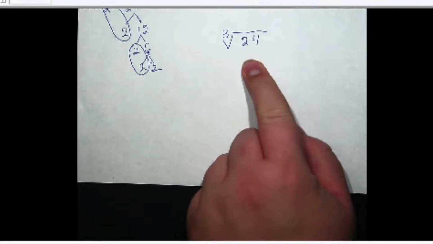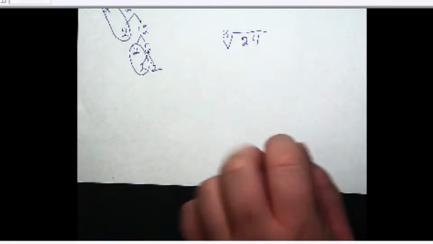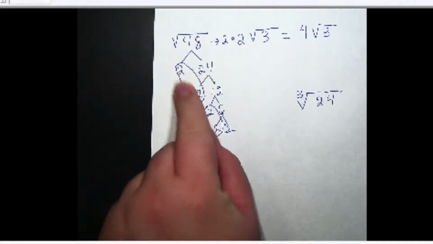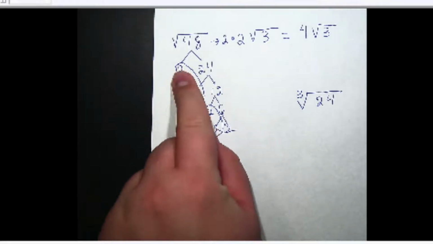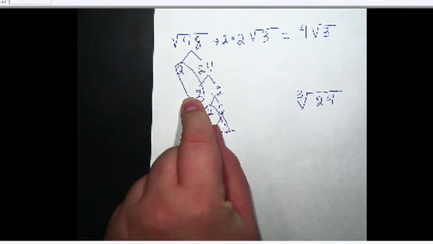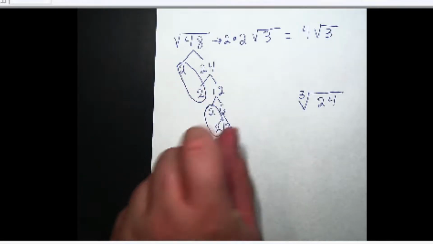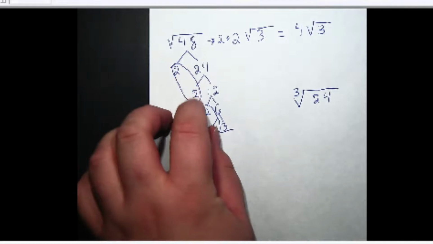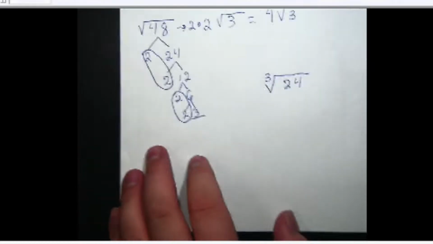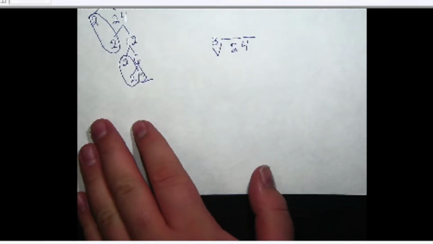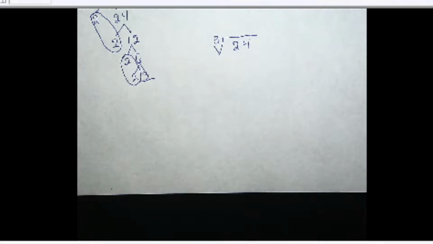A cube root is asking basically the same thing, except instead of having a pair of something that matches, so like 2 times 2, we want a triplet of numbers, triplet of the same number. So like 2 times 2 times 2. Okay? But the method is the same.